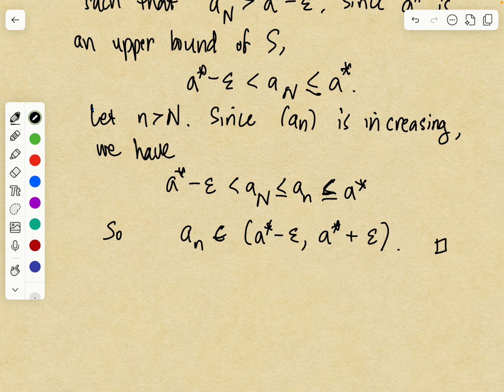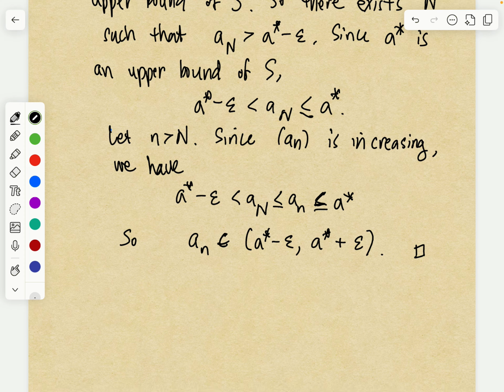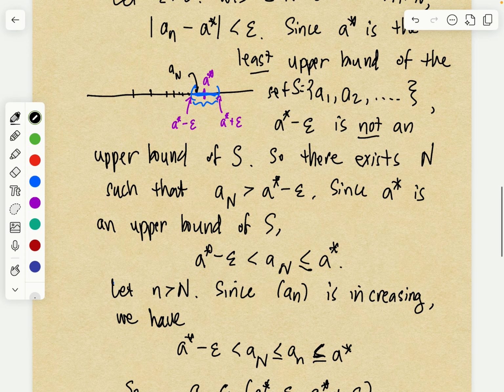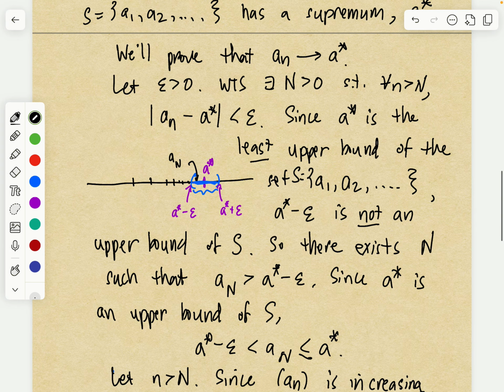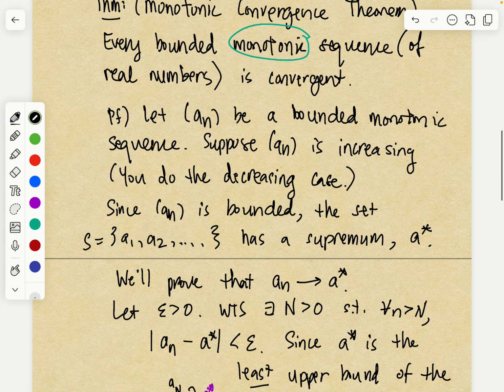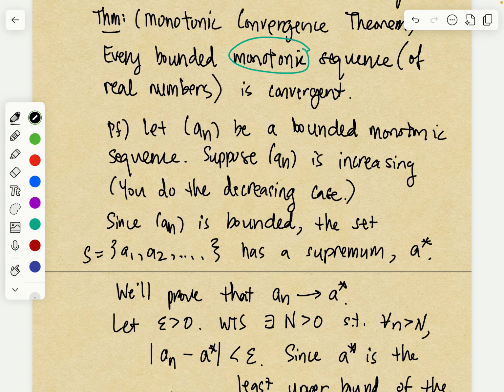Okay, so that's the proof of the monotonic convergence theorem. And the key fact we needed was the least upper bound property, right? We actually showed that whenever you have a bounded monotonic sequence, it converges to the least upper bound of that sequence. So it's not just convergent, we actually know what it converges to. It converges to the least upper bound.